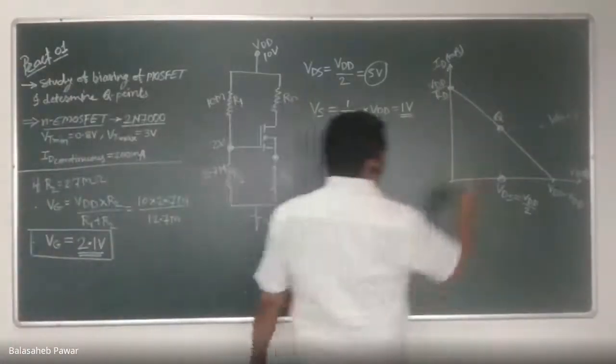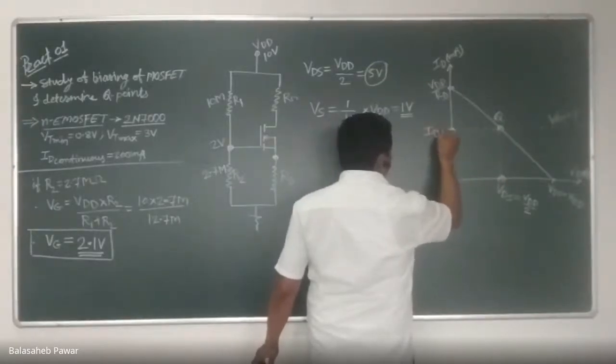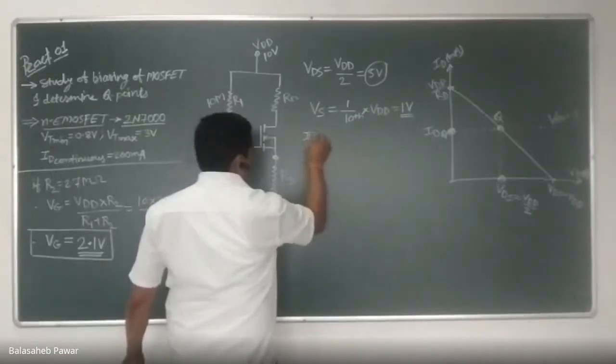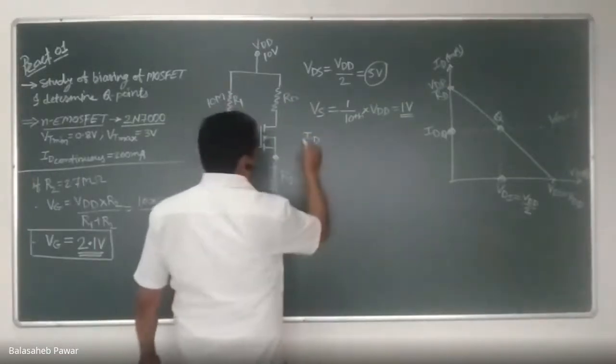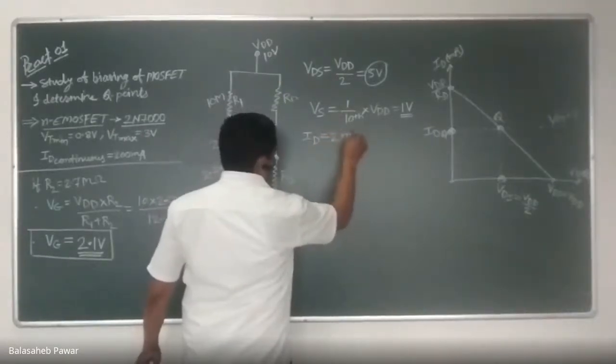Okay. Next line, note down. Let IDQ, that is the quiescent drain current, equal to 2 milliamperes. You can also write it simply as ID equals 2 milliamperes.